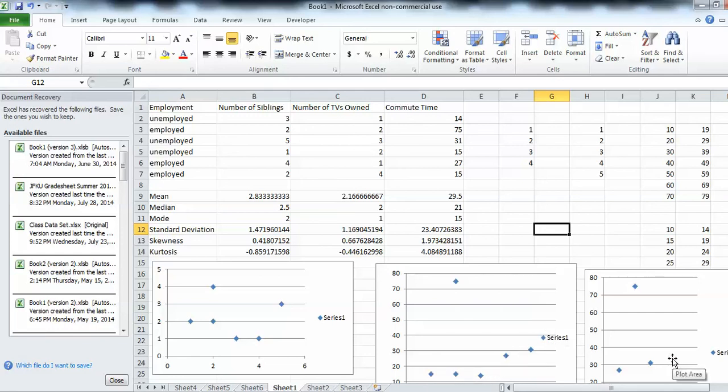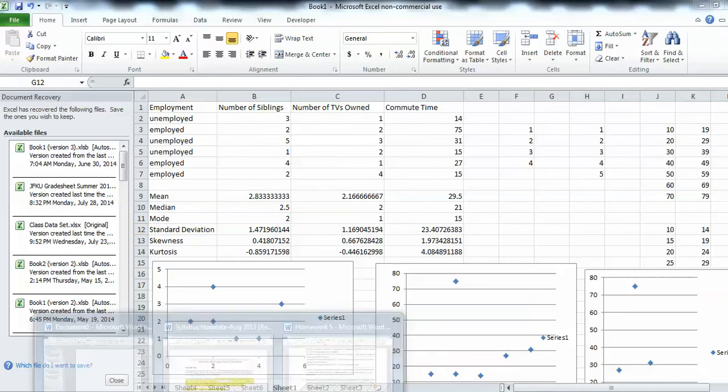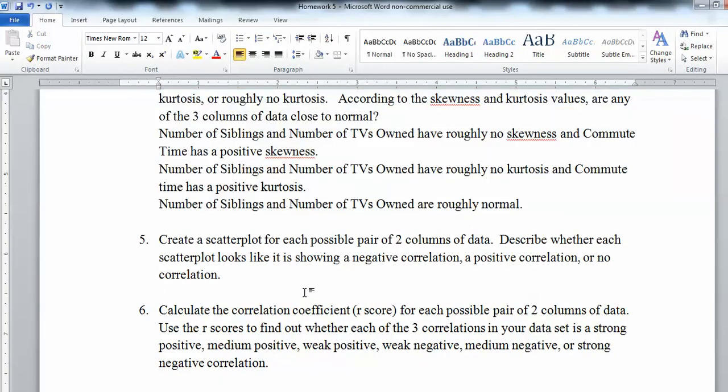This one over here looks like pretty much no correlation. It's just a triangle of dots that goes up and goes down. So in my answer, I would say, number of siblings and number of TVs owned. It looks like there is no correlation between number of siblings and number of TVs owned.